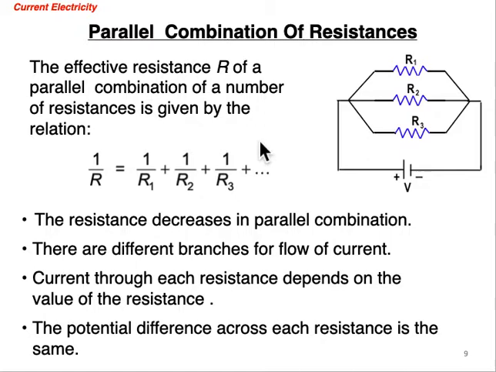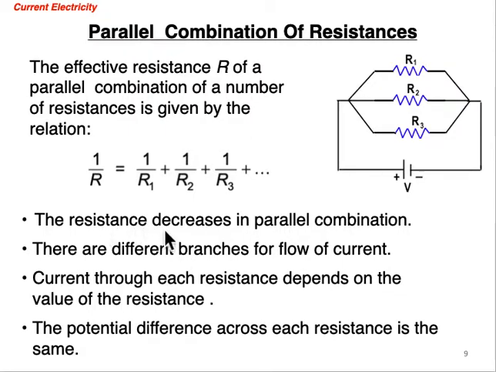So the effective resistance R of the parallel combination of resistances is given by this expression: 1 over R equals 1 over R1 plus 1 over R2 plus 1 over R3 and so on, if you have a larger number of resistances connected in parallel. That is, the reciprocal of the effective resistance of parallel combination is the sum of reciprocals of the individual resistances.